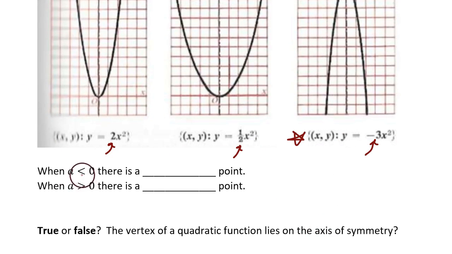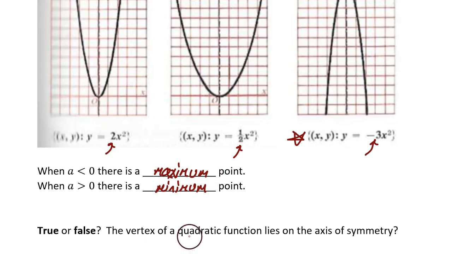So let's follow up on that. When a is less than 0, meaning when the leading coefficient is negative, there is a maximum point. And when a is greater than 0, there is a minimum point. True or false?